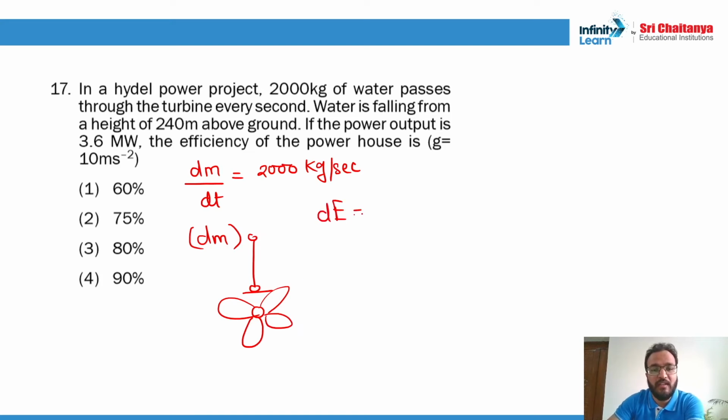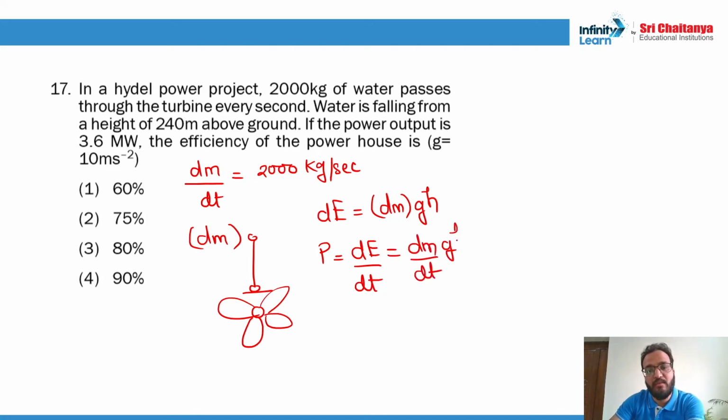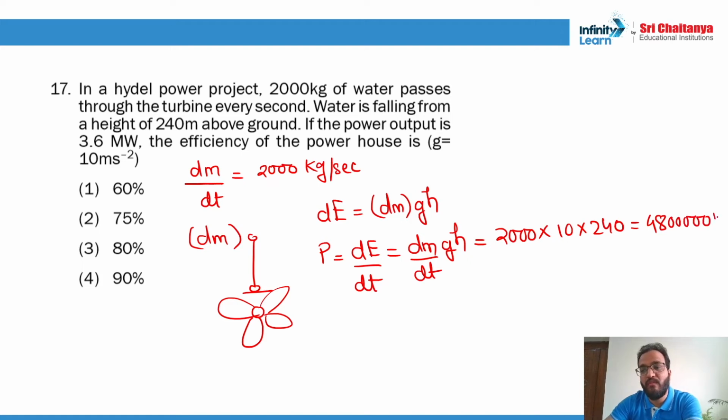You will say it's dE, which is dmgh. So what is the power that is delivered? dE by dt, that is dm by dt into g into h. How much is this? 2000 into 10 into 240, which is 48, into 10 to the power 5 watts.